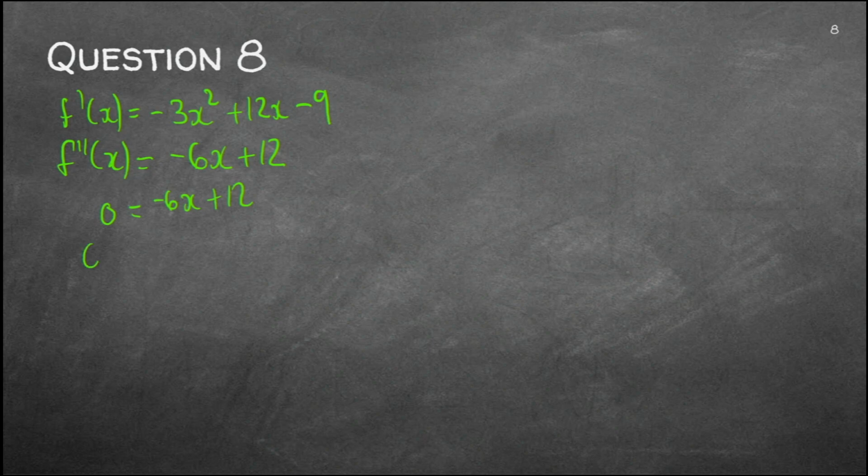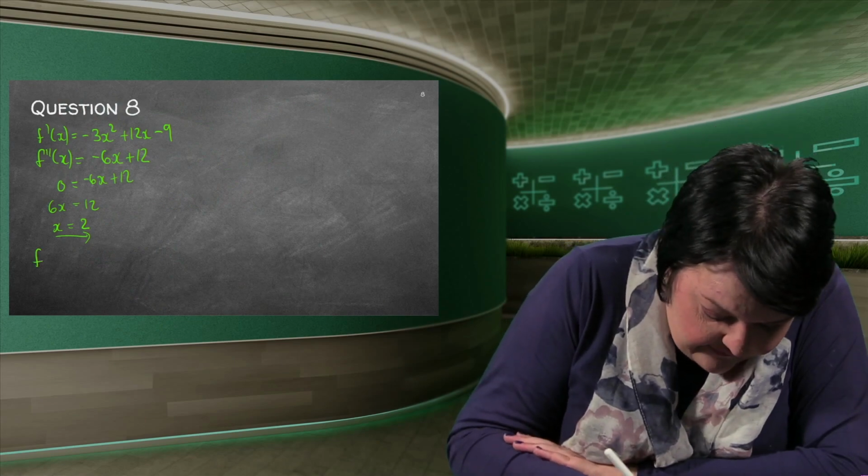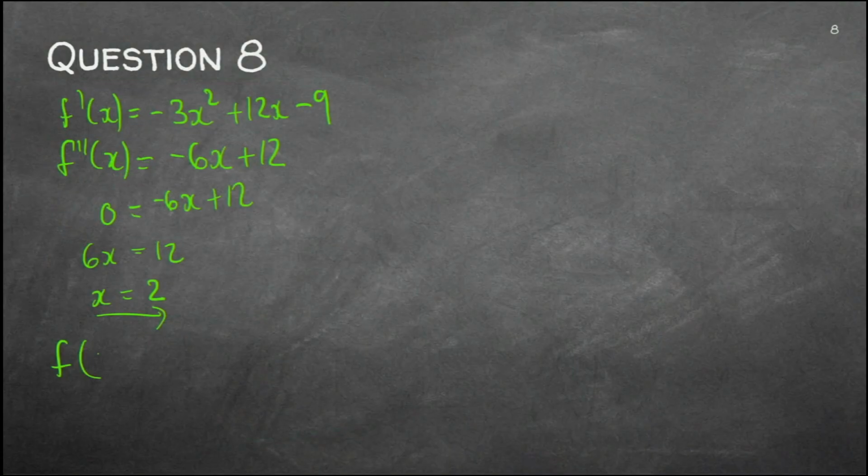Then I quickly solve for x, and I'll get x is equal to 2. So remember, to get the original coordinate, we need to substitute into the original equation. So f at 2, and you will get a value of 2. So the coordinate we're working with is (2; 2).